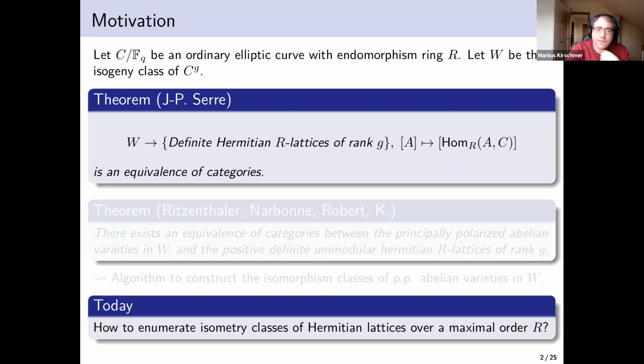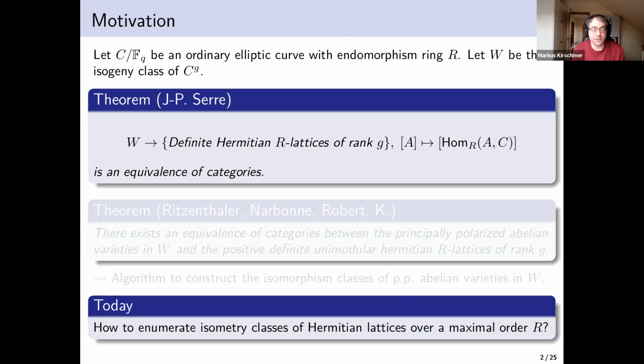Suppose that C is an ordinary elliptic curve over a finite field, and let R be the endomorphism ring of that curve.